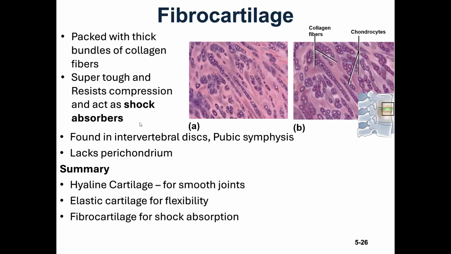So it acts as a shock absorber. When you're jumping, you're walking, it's always coming into contact, so you need proper cushioning there. So basically, hyaline cartilage is for the joints, elastic cartilage is providing the flexibility, and fibrocartilage is providing the shock absorption.